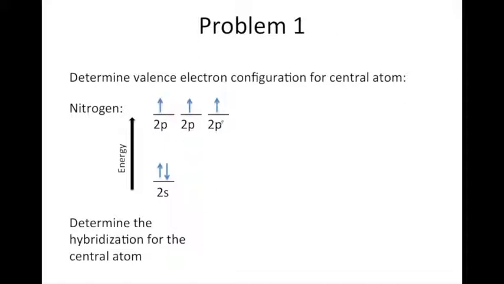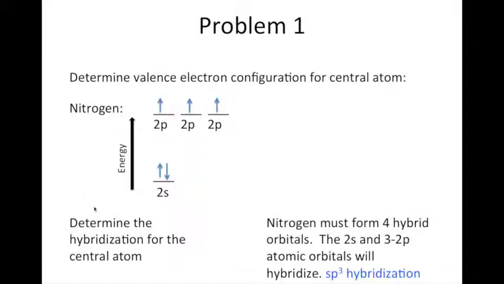So now, determine the hybridization for the nitrogen. Well, we mentioned just a minute ago that nitrogen must form 4 hybrid orbitals. And in order to form 4 hybrid orbitals, we need to use 4 of our valence atomic orbitals. So we're going to take our 2s, that'll be 1 atomic orbital.